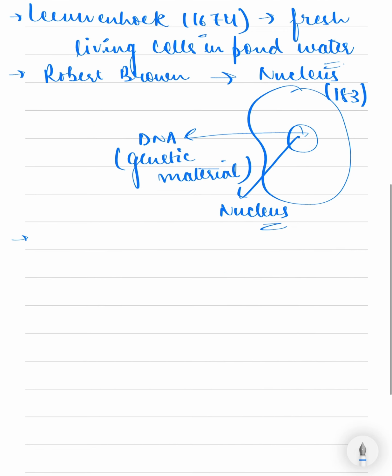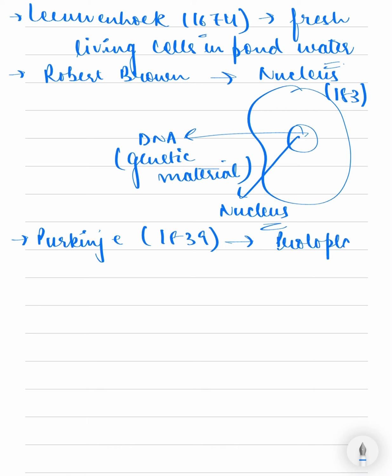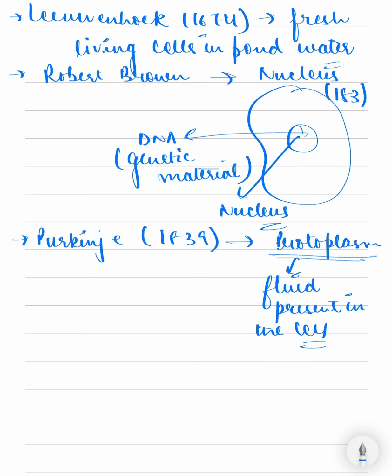Next scientist is Purkinje. In 1839, he coined the term protoplasm. Protoplasm is the fluid which is present in the cell.